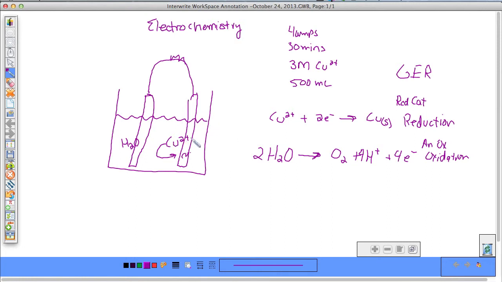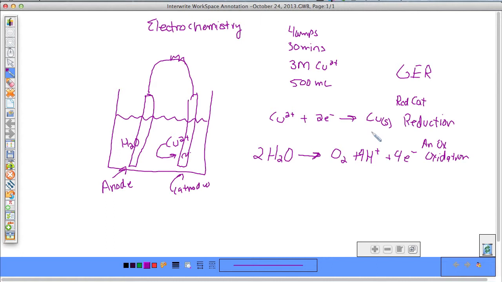So reduction is happening here. So this one, we can label this the cathode. And then this one right here is going to be the anode, because an ox, okay? The anode is where oxidation occurs. So now we know the oxidation, now we know the reduction.